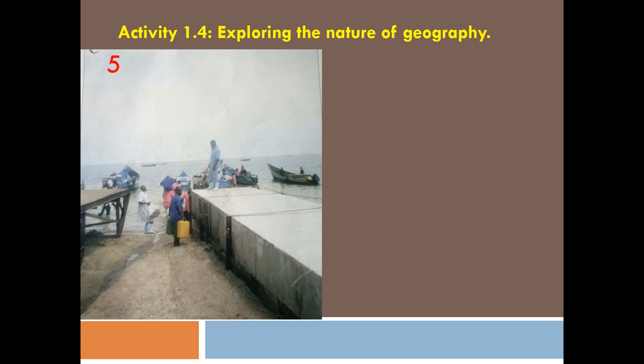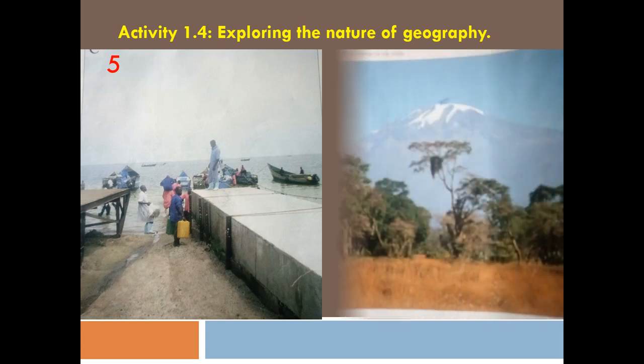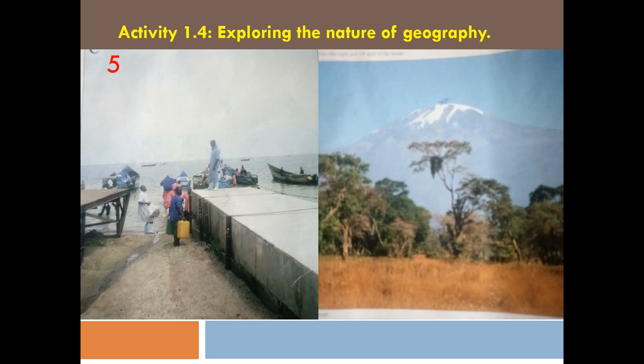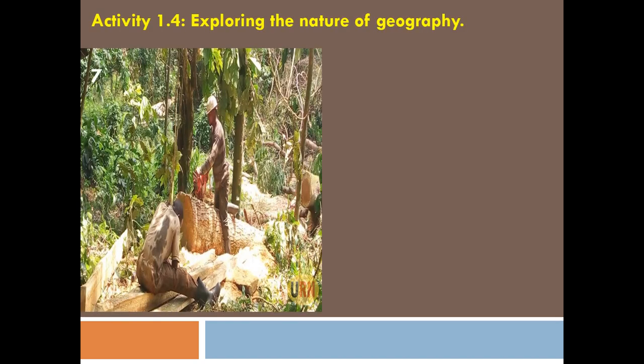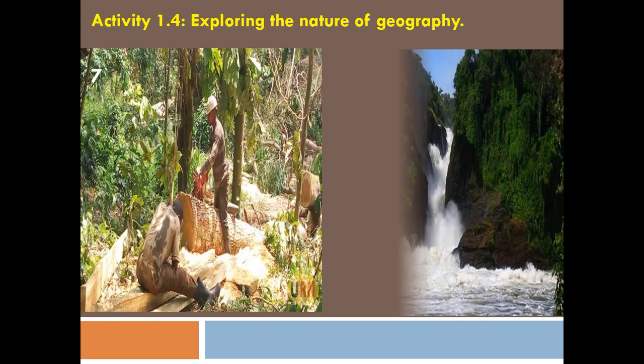So in these photographs, we are going to look at interactions between natural or physical geography and human geography. So we have photograph number 5, photograph 6, photograph 7, and photograph 8.